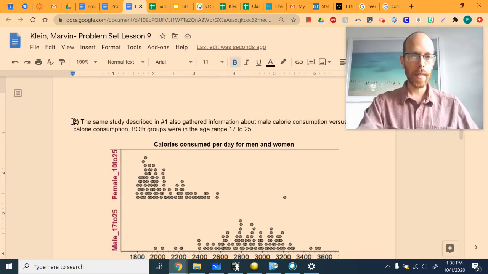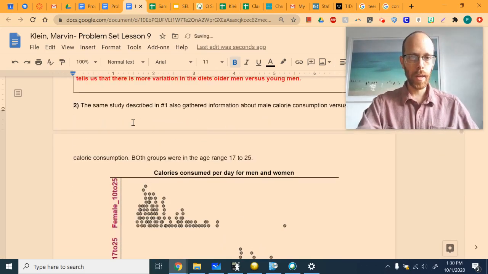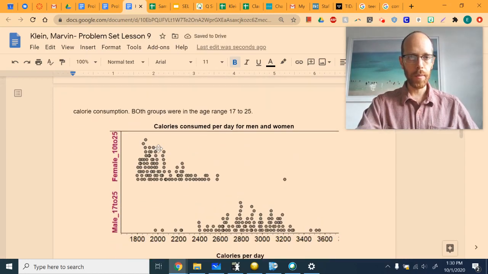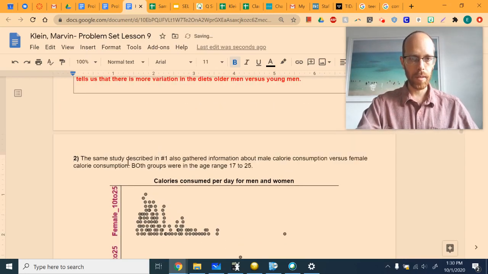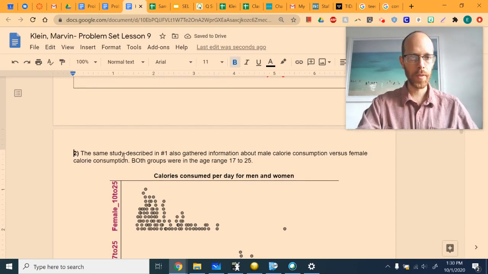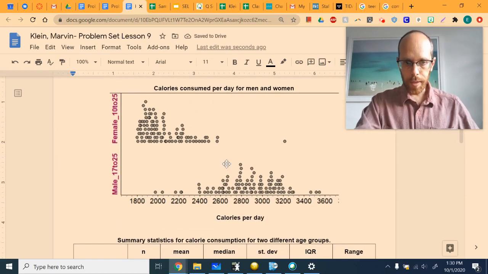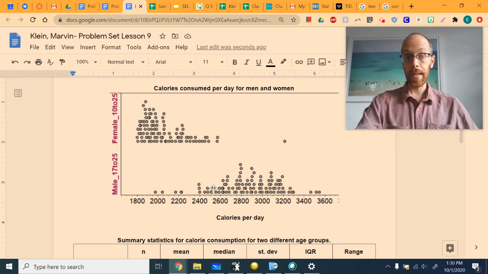Let me mention something on our buddy number 2 here. On number 2, let's see, what is this one about? It's about male calorie consumption versus female calorie consumption. Oh, let's change that. For young people. So as I'm looking at these distributions, I see a couple of things. First, for the female group, notice that there is a definite skew to the right and an outlier.